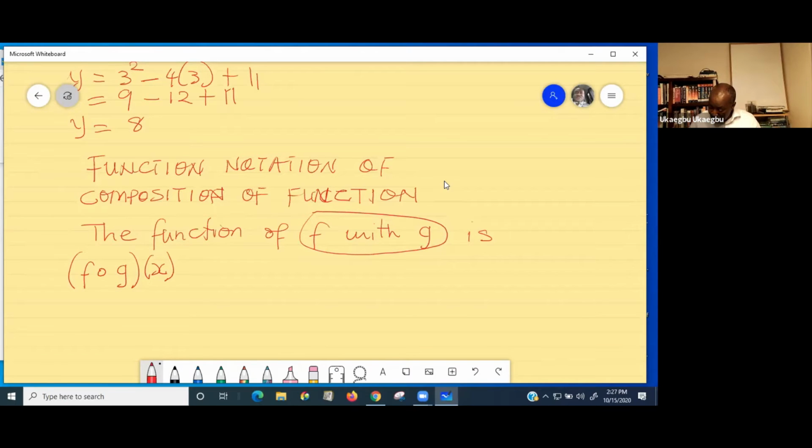This is a small o, like in orange, and that o is used to represent the word "with." I wish they were using W, but they use small o. Another way of writing it would be the function of f and then g of x inside it.